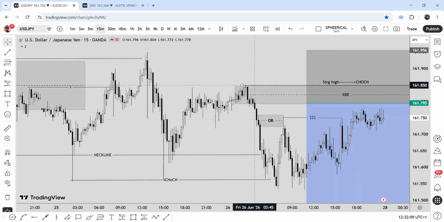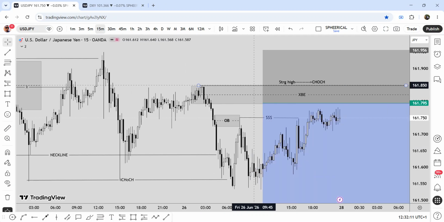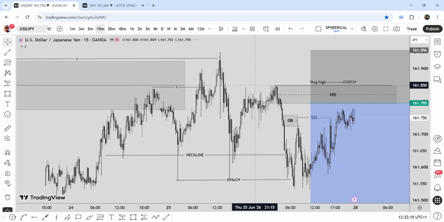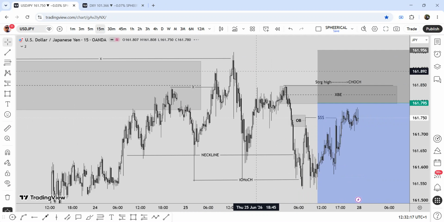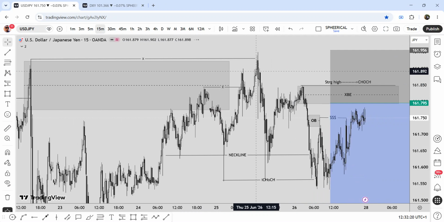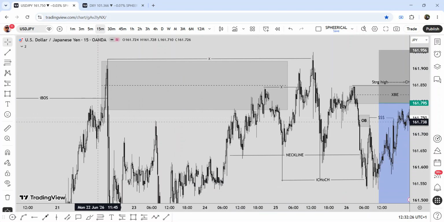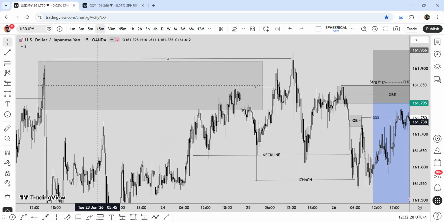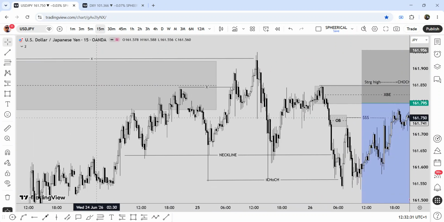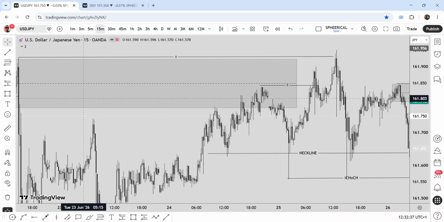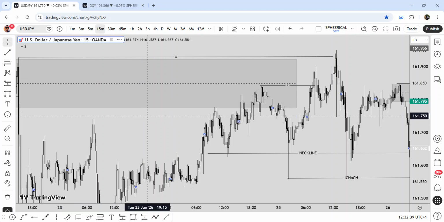Coming to here, this was my analysis last week. Let me zoom this properly so you can see it better. I saw that this market reacted from this other block.